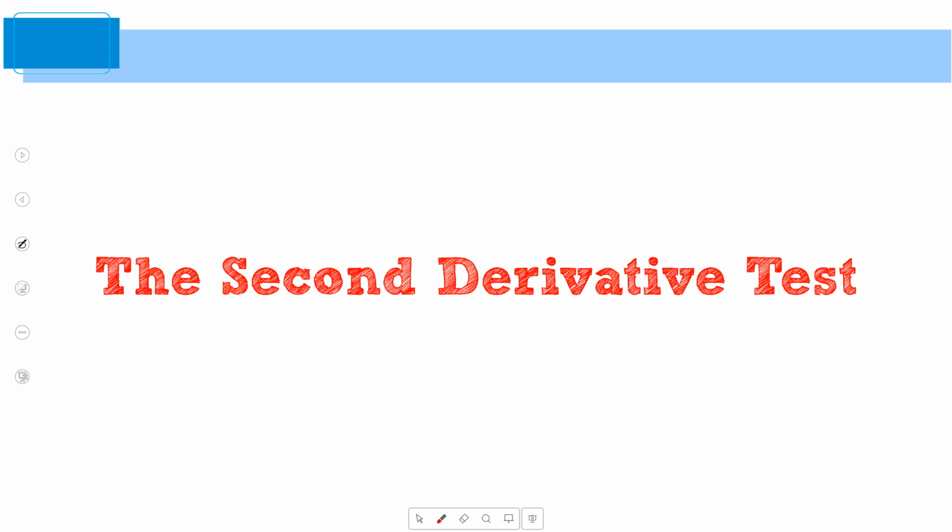It deals with a pretty straightforward concept, and that is, let's suppose I've got two critical numbers at x equals plus or minus 2. I have no idea what the graph looks like, but I do know that those are critical numbers. In other words, f prime of x equals 0 at these two points.